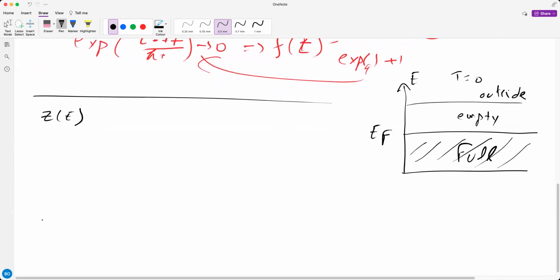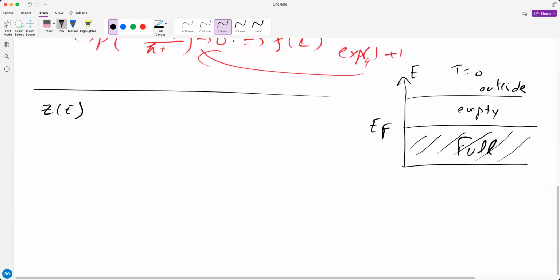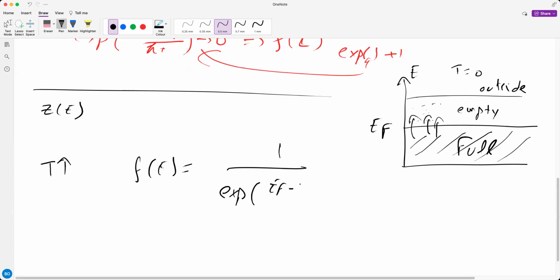Now, obviously, for the metal, you can easily prove that when the temperature increases, the probability here starts increasing, which means some of the electrons start going up. In fact, when you increase the temperature, you will see that the behavior changes, and the energy levels that are empty start to get non-zero occupation values.